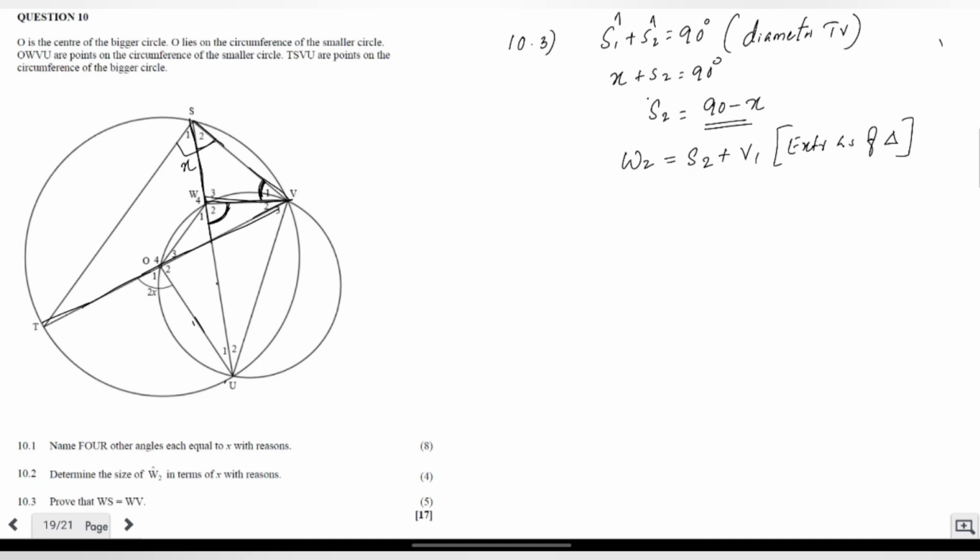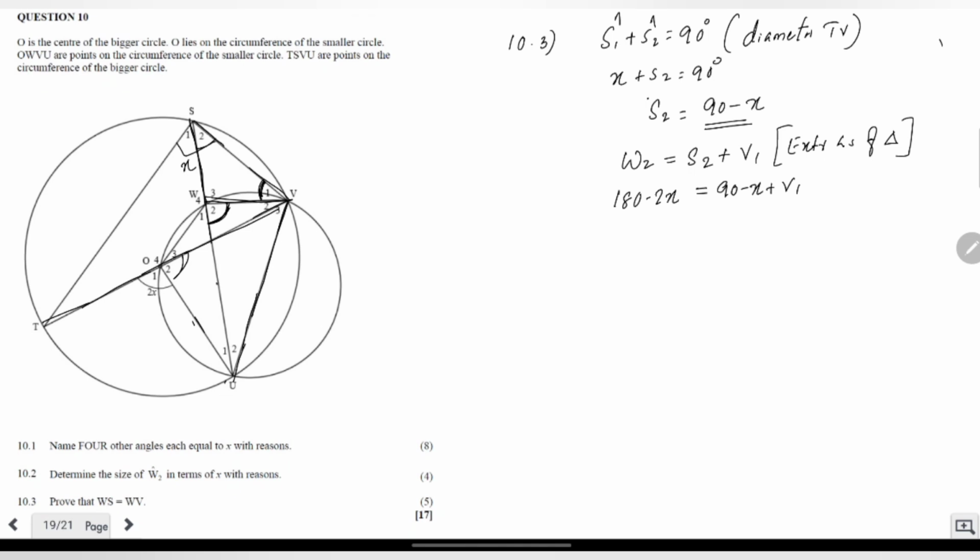W2 is the same as O2, isn't it? Because subtended by this chord in the smaller circle, W2 and O2. What is that? 180 minus 2x. That is the answer to question number 10.2. And S2 is 90 minus x plus V1.